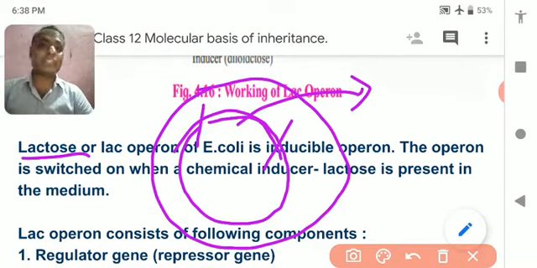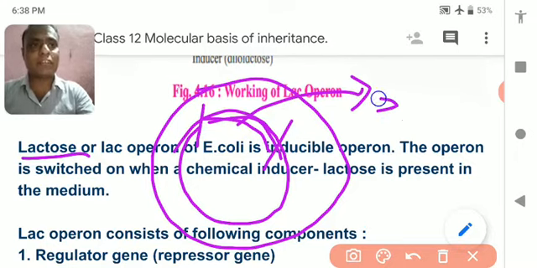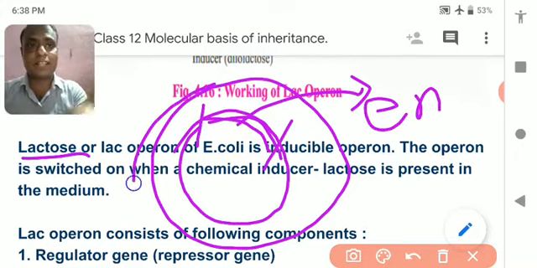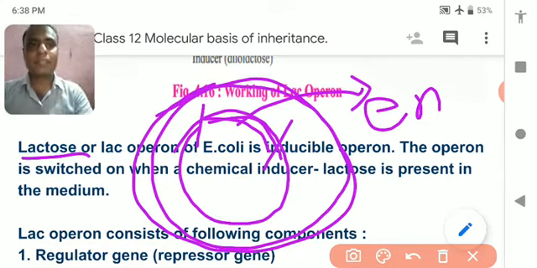The lac operon is a part which operates the formation of a particular kind of enzyme. Try to understand very clearly. This is an E. coli bacteria. Inside the E. coli bacteria there is a circular DNA. Inside the DNA there are so many genes.